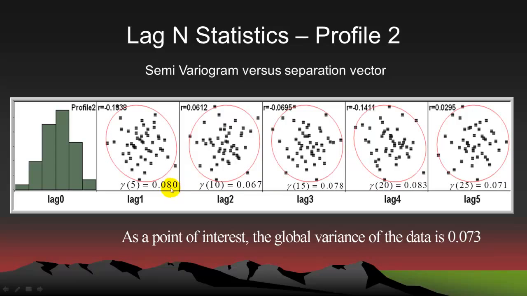The other thing to notice is that these numbers are pretty close to the same thing all along. 0.08, 0.07, if you round it off, 0.08, 0.08, 0.07. And again, it's bouncing around somewhere 0.075 or something like that. As a point of interest, if we go back to the original statistics and note the global variance of the data is 0.073. That compares pretty closely with these numbers up here, doesn't it? So that's an interesting feature which we will explore in the next video.